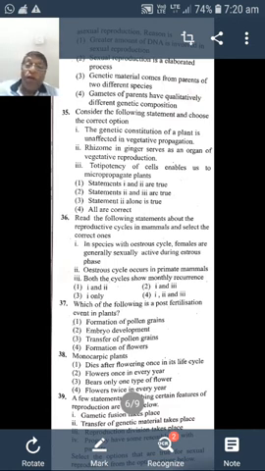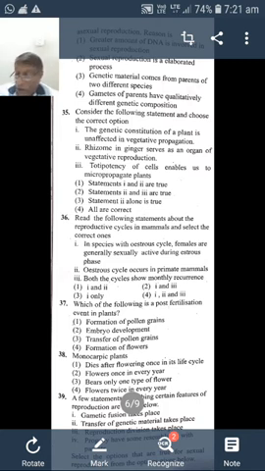Estrus cycle, in animals we call it the heat period. Estrus cycle is common. So in which animal is the estrus cycle present? Cow and sheep, yes, cow and sheep. Rats and deer, of course, rats and deer also. Then dogs and tiger, even in dog and tiger also we come across estrus cycle.